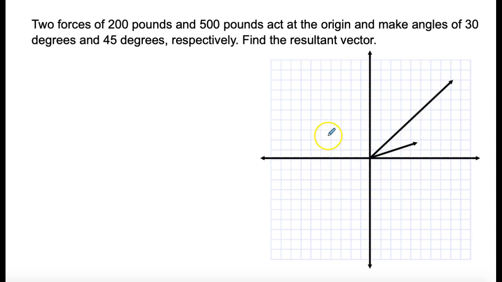Right? So the resultant vector, what we want to do is find the components of each of these individual vectors and add those components together. Okay? Add those components together. So if we know first, let's look at this triangle here. Okay, so we know that this is 200 and this is 30 degrees.